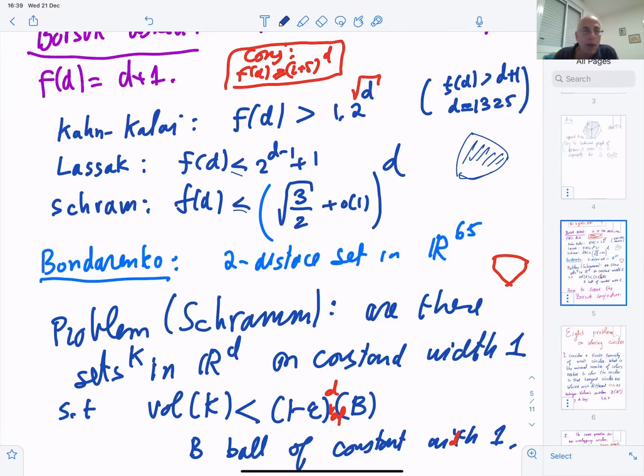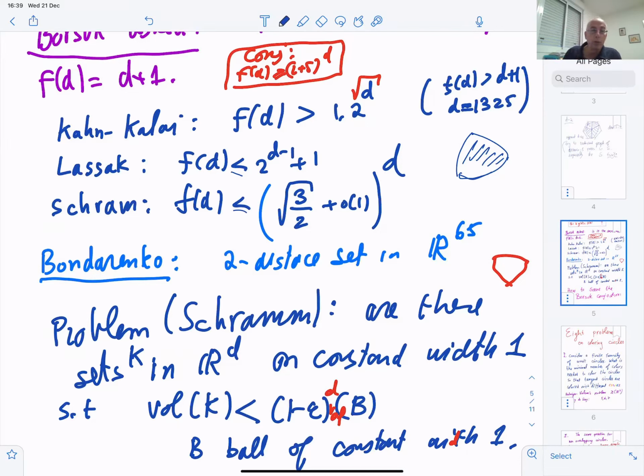What is special about Bondarenko's example is that it cannot be covered by 66 sets of smaller diameter. It is a set which is called a two-distance set. The pairs of points in this set have only two possible distances. And this is a very nice set.